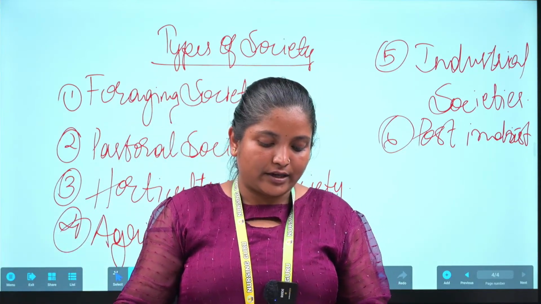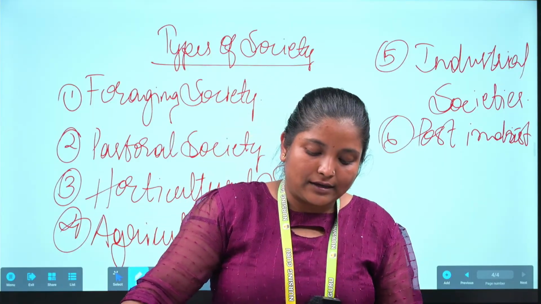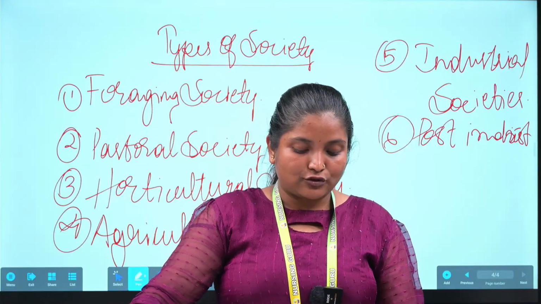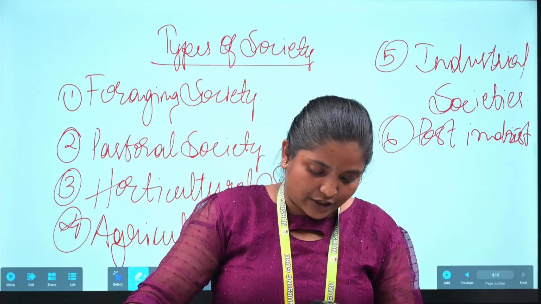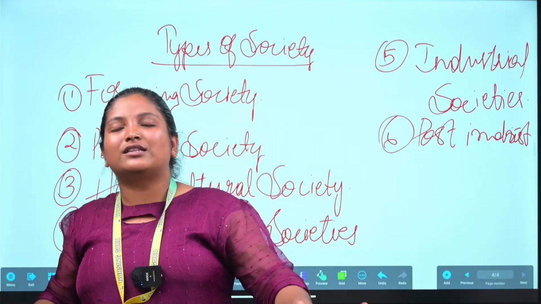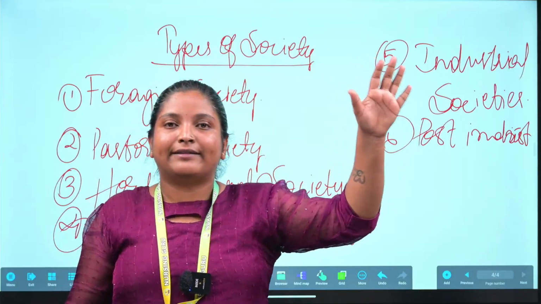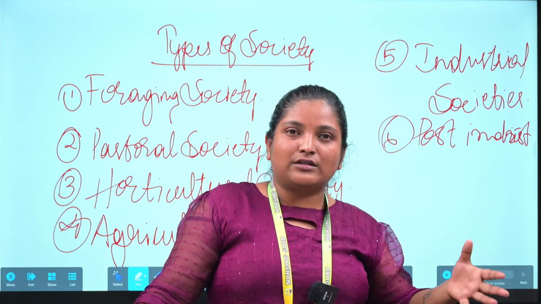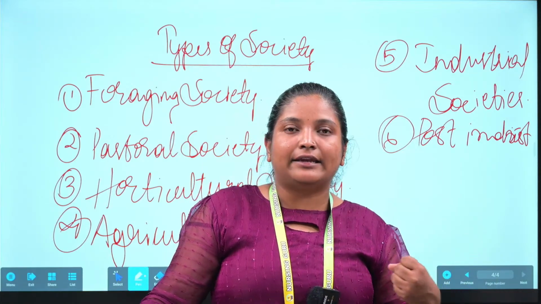The next one is pastoral society. In this type of society, people lived in a certain place and started to pasture animals for transportation and permanent food. So here they use the animals for transportation. For example, in olden days you can remember that donkeys were used for certain works, like carrying clothes and goods.